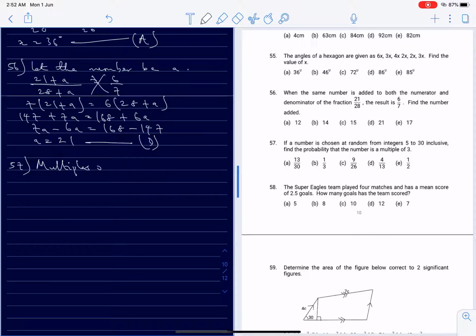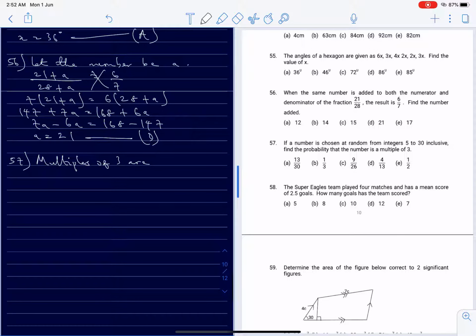The multiples of 3 from 5 to 30 are 6, 9, 12, 15, 18, 21, 24, 27, and 30 itself.